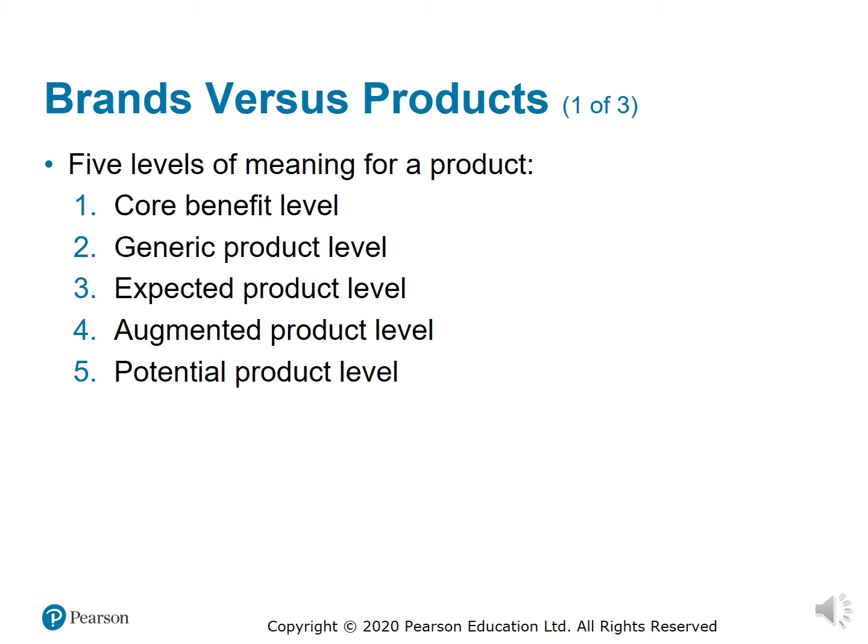Expected product level is a set of attributes or characteristics that buyers normally expect and agree to when they purchase a product. The next one is the augmented product level. Augmented product level includes additional product attributes, benefits, or related services that distinguish the product from competitors.